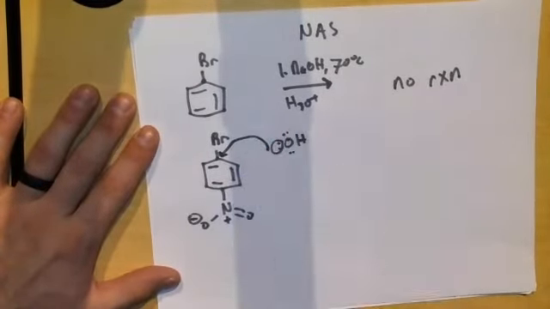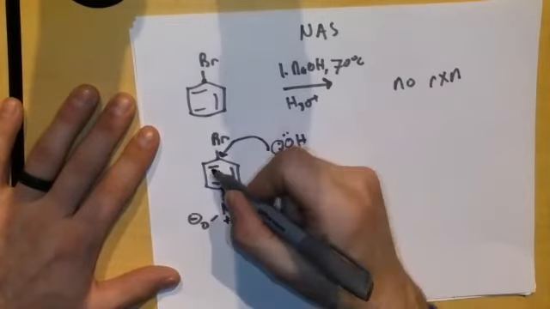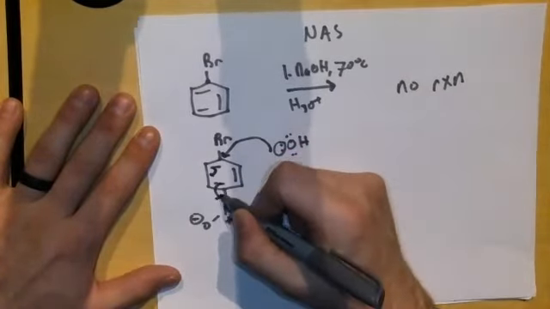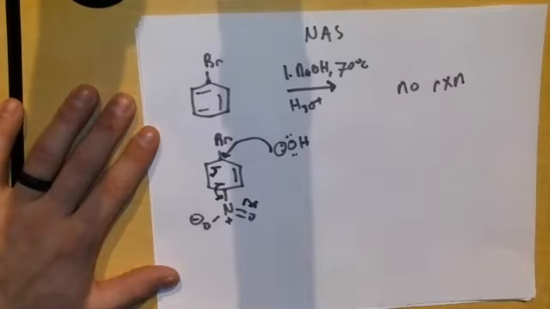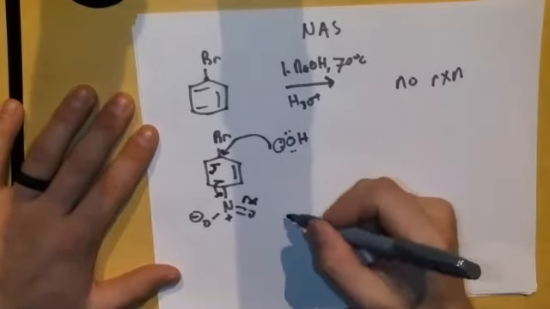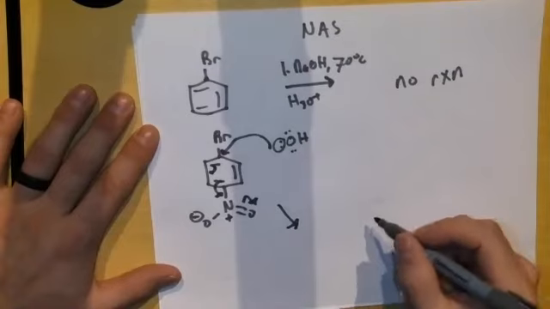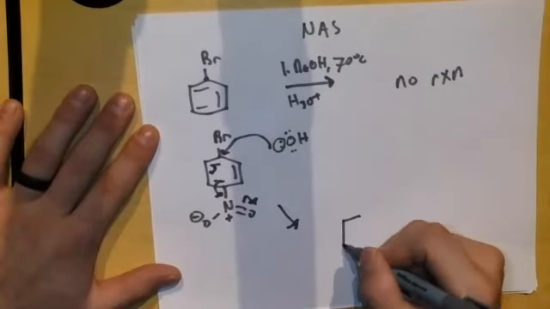So it'll come in, attack here. These electrons are gonna get kicked all the way down to this nitrogen. And we're gonna form an intermediate, which is why we need the nitro group on it.